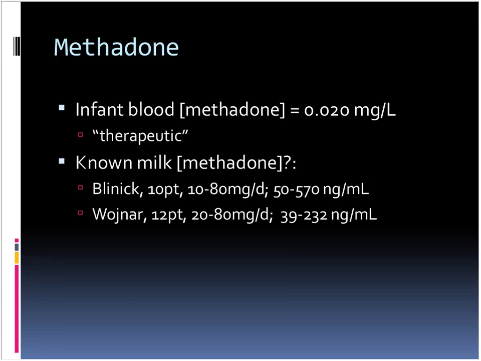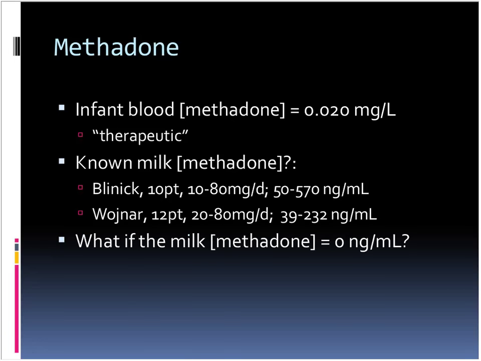There are a couple of studies with a fairly big range, but certainly helpful. And so what if we got the milk methadone concentration and it was 0? Well, at that point we have to think this child was exposed to methadone not via breast milk.